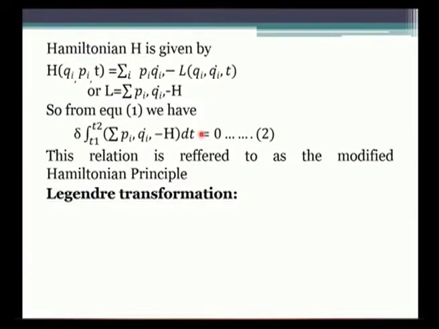We know transformation is a mathematical manipulation which changes one system of coordinates to another system of coordinates. It is an important tool in classical mechanics or variational calculus, which is very useful to see a mechanical system in another way.